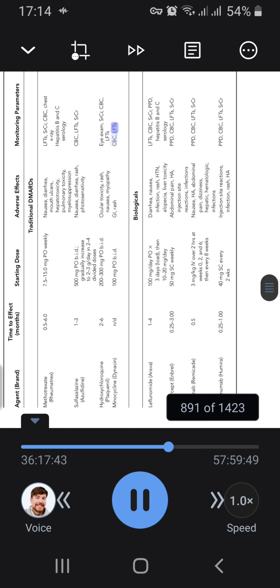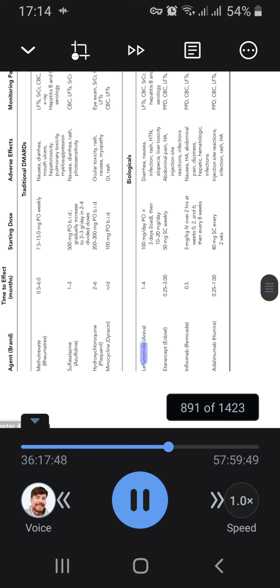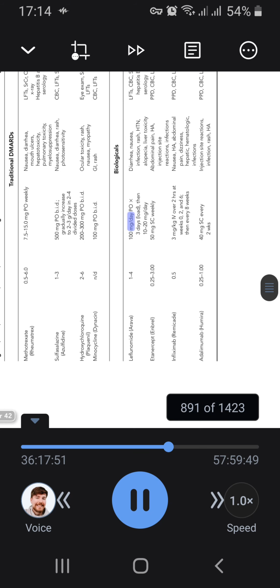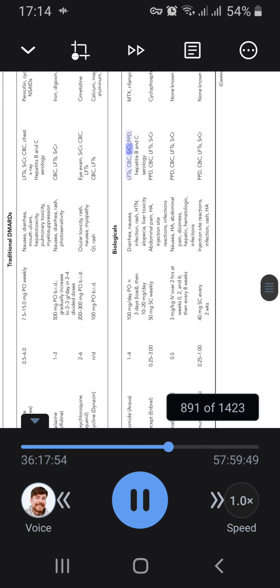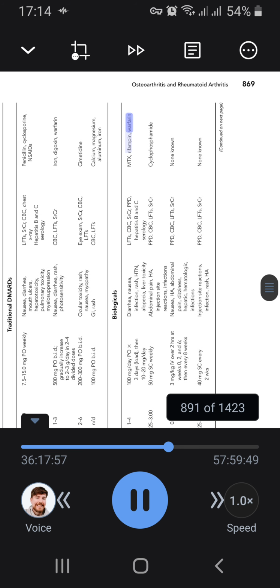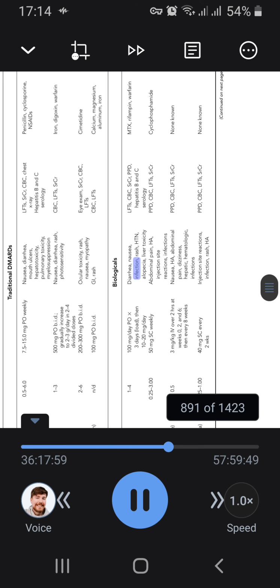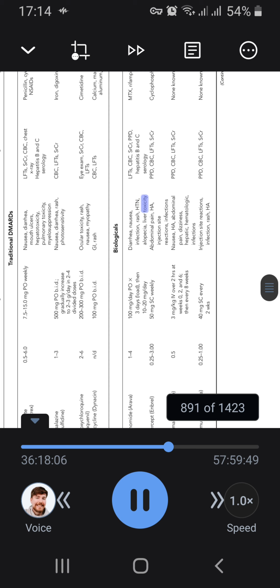Biologicals: leflunomide, Arava, 1 month, 100 mg per day PO for 3 days loading, then 10 to 20 mg per day; diarrhea, nausea, infection, rash, HTN, hepatitis, alopecia, liver toxicity; CBC, SCr, PPD, hepatitis B and C serology; MTX, rifampin, warfarin.